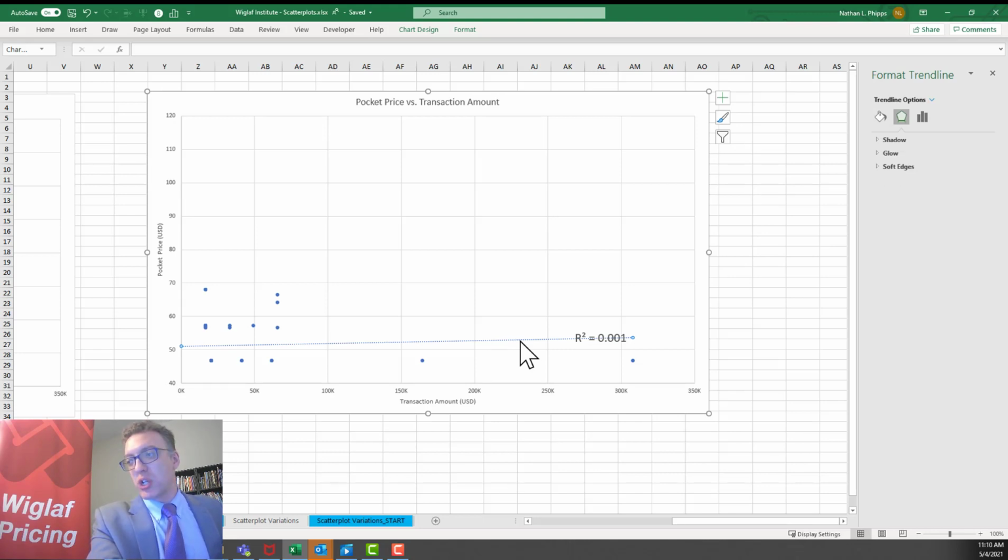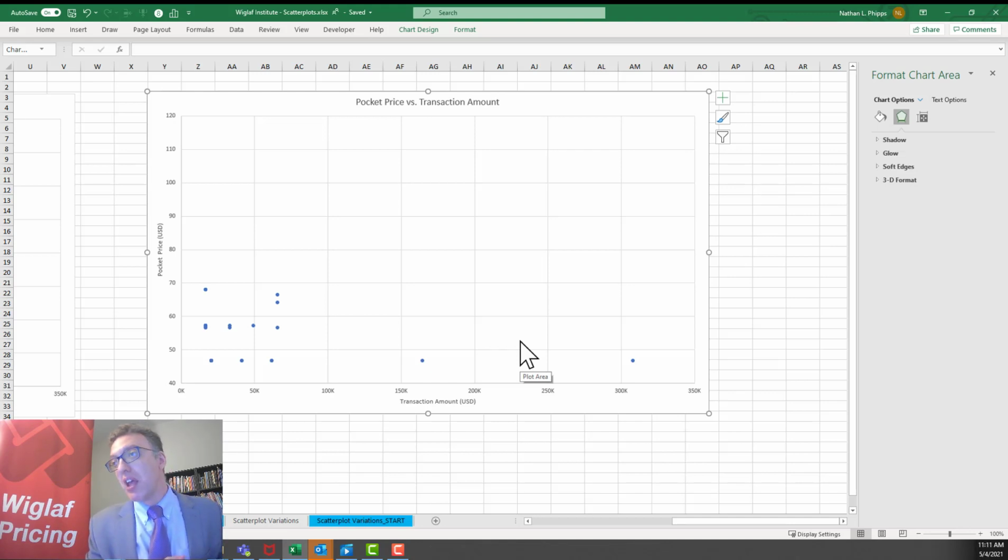There's no correlation there. So, what we've demonstrated is that there is essentially no correlation between either the pocket price or the invoice price and your transaction amount. So where I would go from here on this project is I would start looking at different marketing variables. See where the relationship does exist.